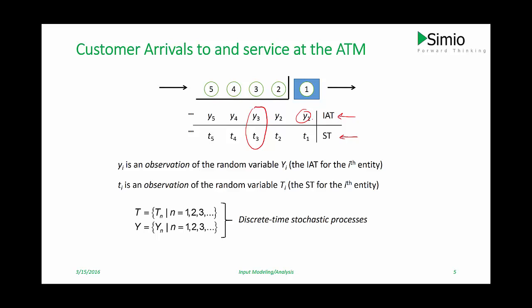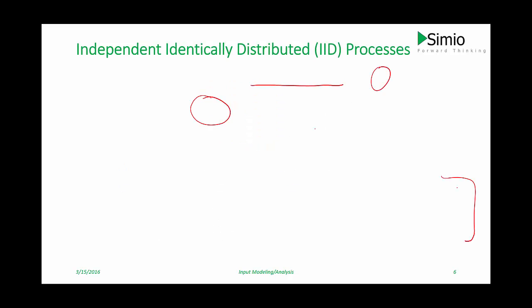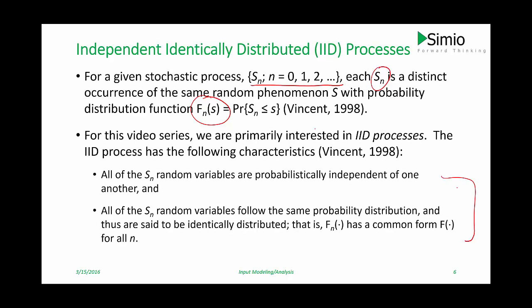Similarly, knowing a y value doesn't give you any information about the corresponding t values. The second thing under the IID assumption is that all of the random variables follow the same probability distribution, so they're said to be identically distributed. So this notion of independent identically distributed has the two characteristics of independence and identical distribution.